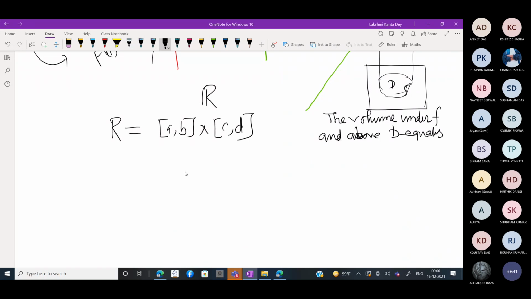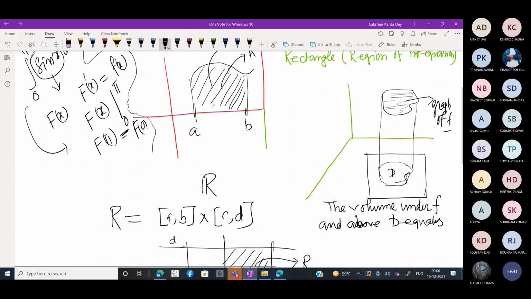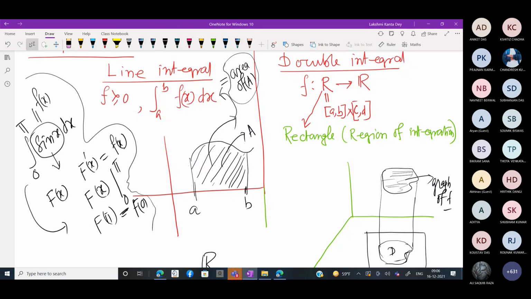What it represents, if we look at it a little quicker: this is, say, AB, and this is CD. The common area, this portion, is basically the rectangle R. So initially we assume the function small f is defined on R, and it's a real valued function.